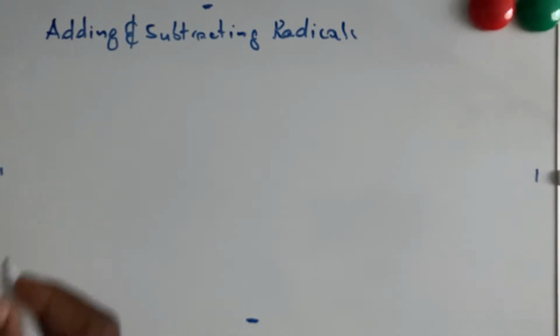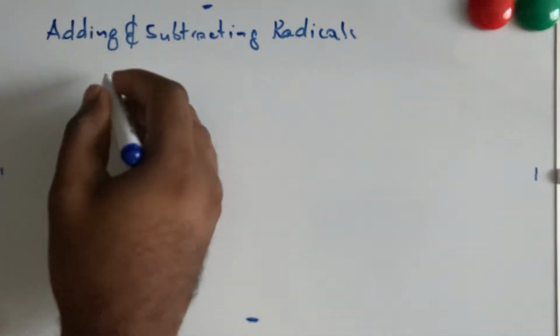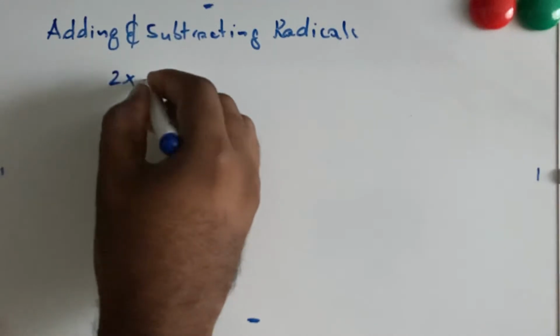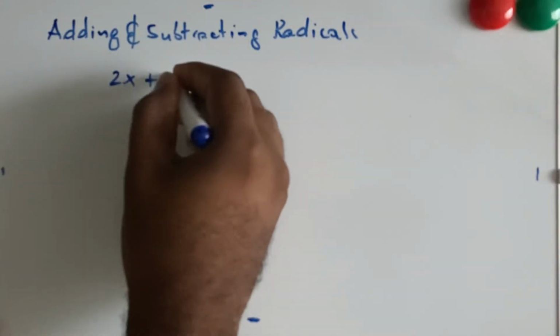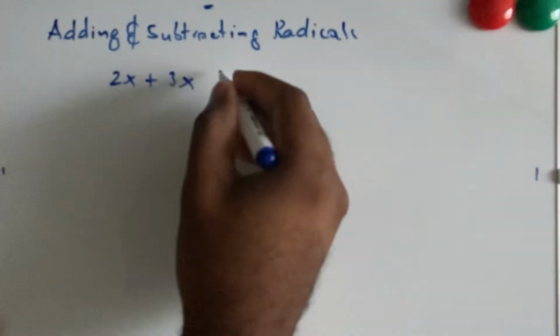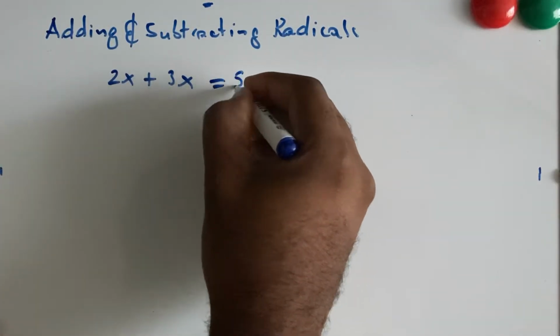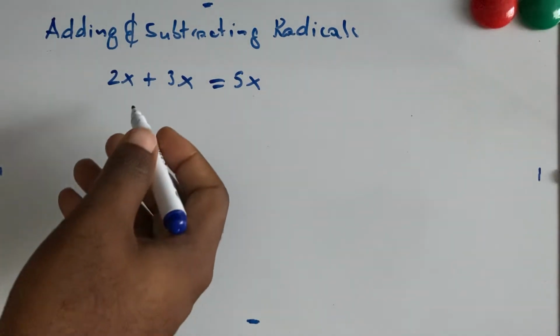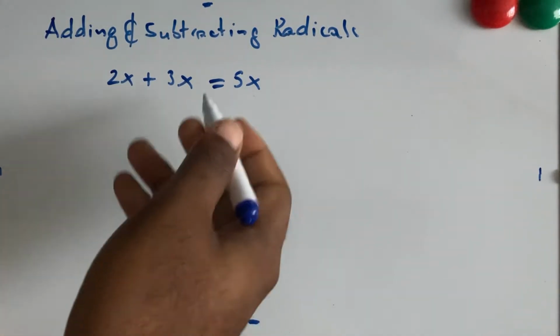For example, when you have to add 2x plus 3x, the answer would be 5x because they're like terms. 2x plus 3x is 5x. It's like 2 oranges plus 3 oranges would give you 5 oranges.